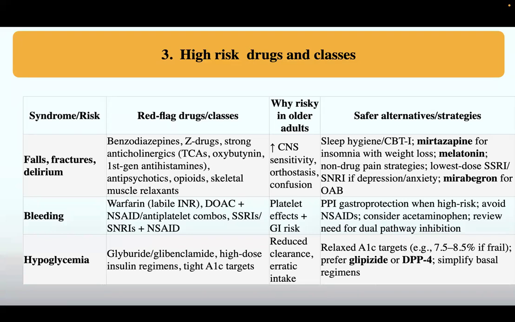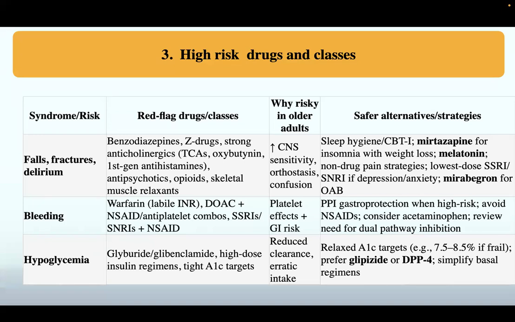Warfarin, I already explained, is the highest risk. And you can also check the why risky part, platelet effects, right? To avoid this, you can go for safe alternatives like PPI gastroprotection when the risk is high. Avoid NSAIDs and consider acetaminophen. Okay, and review the need for dual pathway inhibition as well.